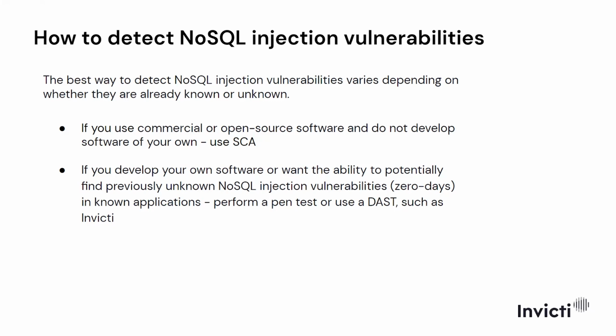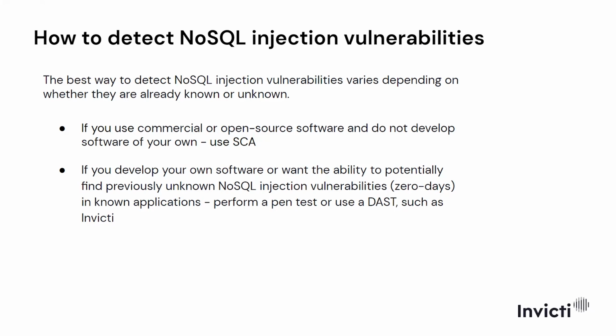If you use commercial or open source software and do not develop it on your own, you can use SCA, which will basically show you whether or not you are using outdated components in your software, or your software is outdated in general and has known vulnerabilities that you may want to fix, for example, by applying patches or updating your application.